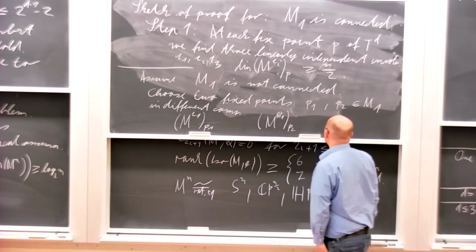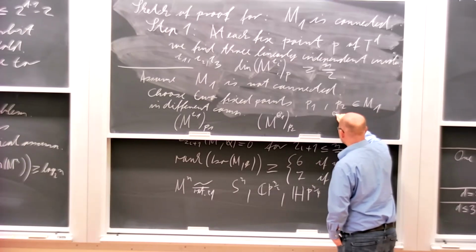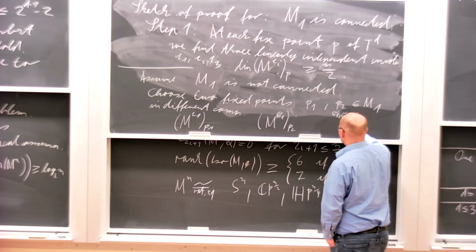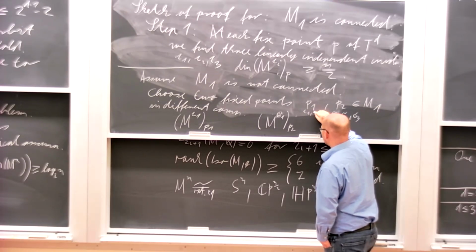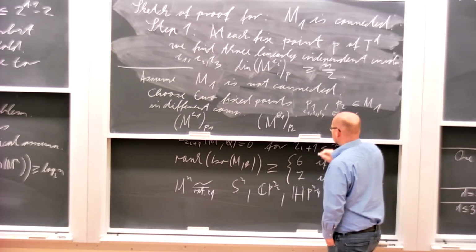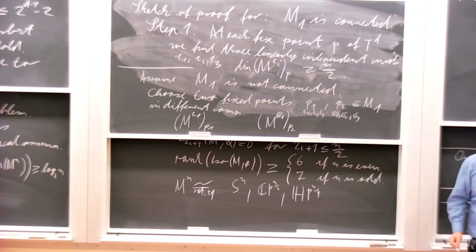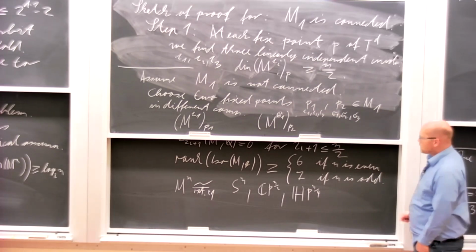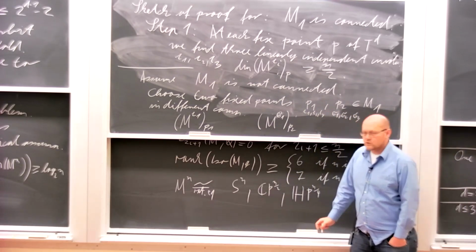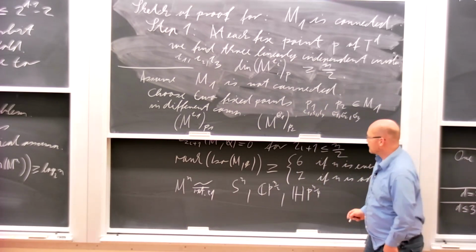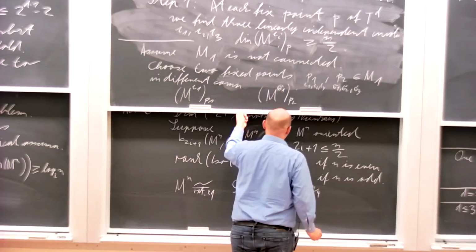So here you have 3 involutions, these are maybe different, sigma 1, sigma 2, sigma 3. Here you have iota 1, iota 2, iota 3. And so they both have dimension at least n/2, so they must intersect.